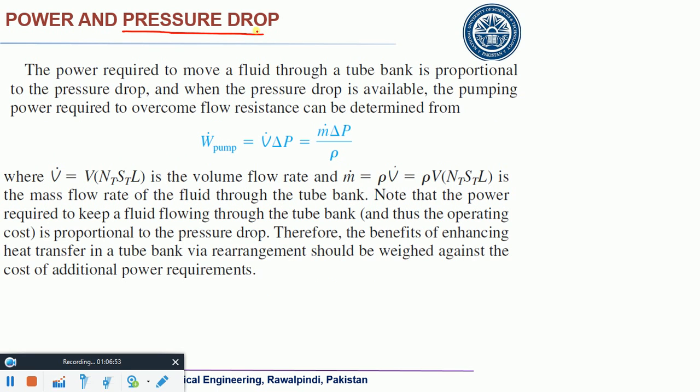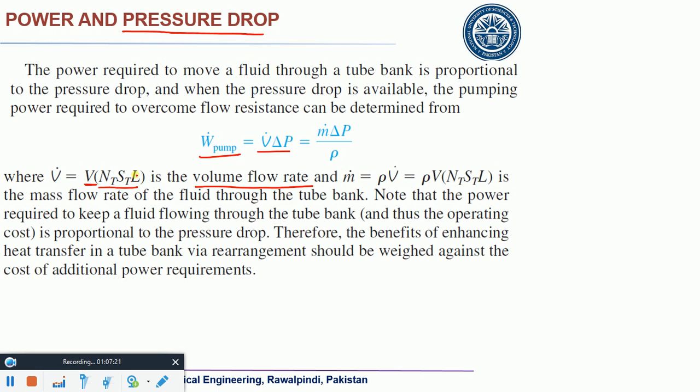Now you need to find out this pressure drop. Why? Because you need to find out the pumping power. So that pumping power would be equal to this relationship, where this volumetric flow rate is equal to velocity multiplied by area.